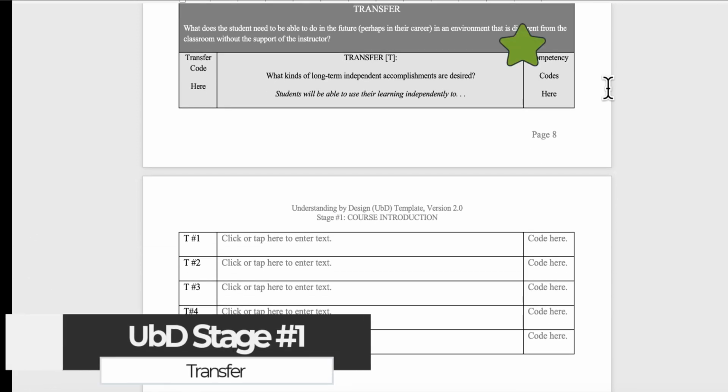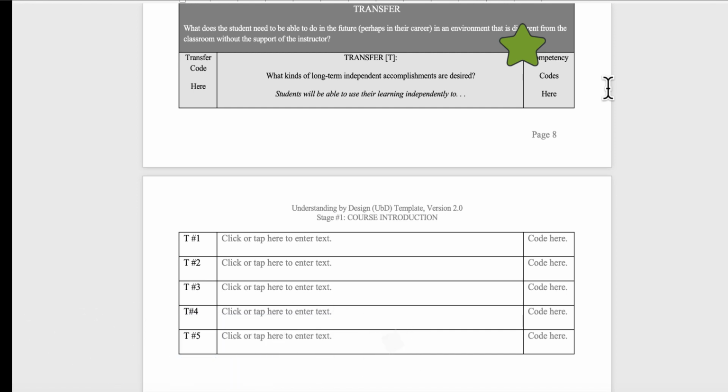Our next part is transfer. Transfer is all about helping students apply what they have acquired and use it in new situations, not just in the classroom, also outside of the classroom. It gives them opportunities to be independent and apply what they know to new learning without someone telling them the information.